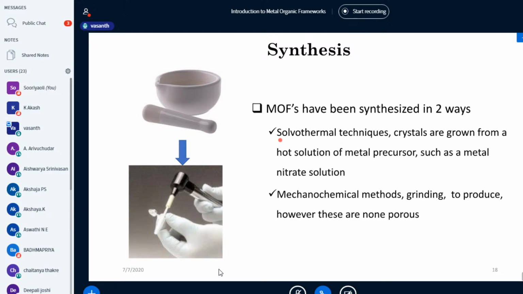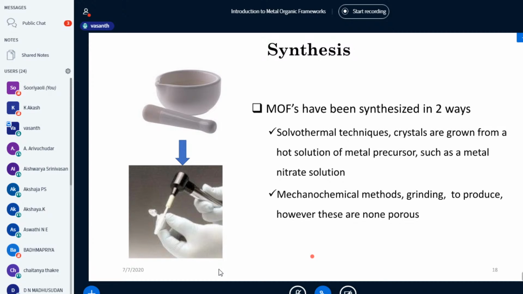If I take a solvent other than water, such as DMF or DMAC, dimethylformamide, and then heat the solution above its boiling point, it is called solvothermal synthesis. And solvothermal synthesis produces highly porous and highly stable materials.